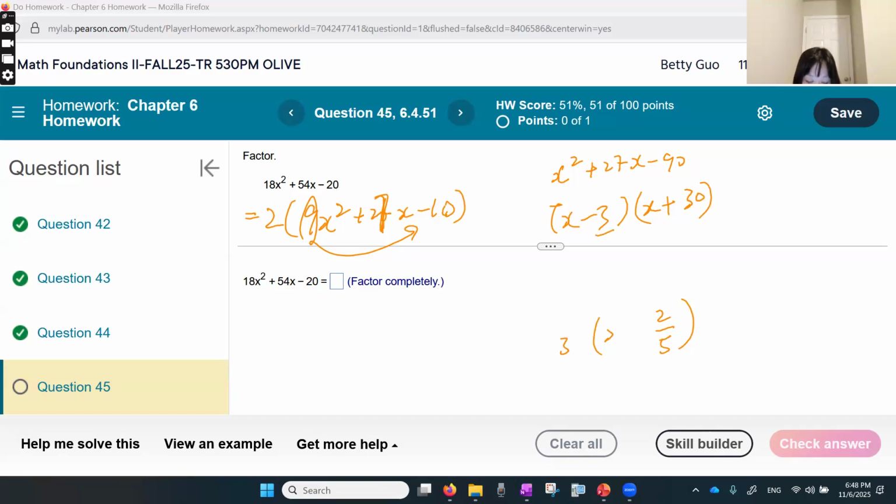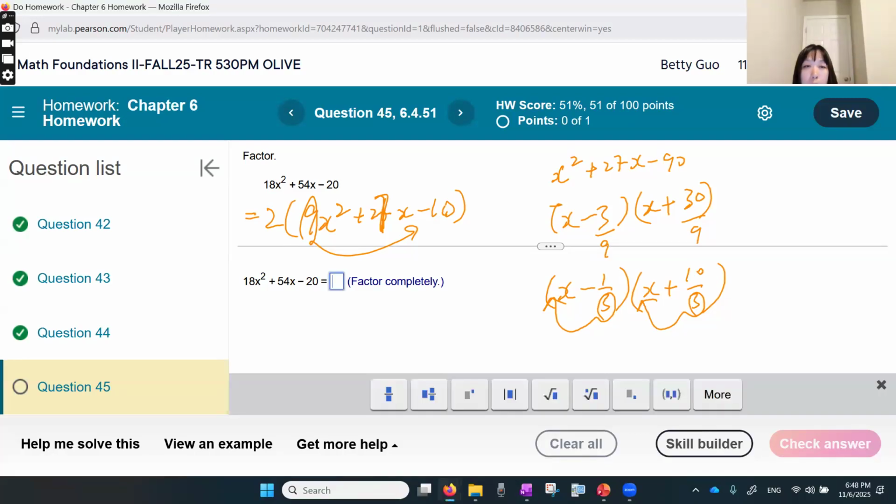Divided by 9. So x minus 1/3, x plus 30 over 9, which is 10 over 3. Slide it back.